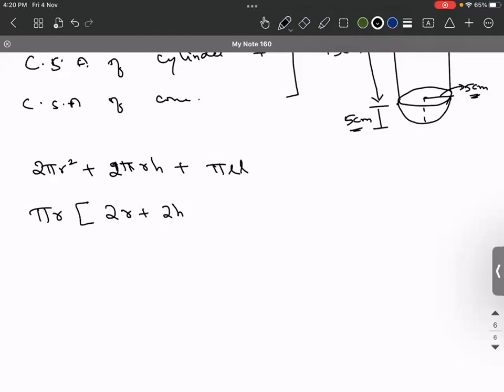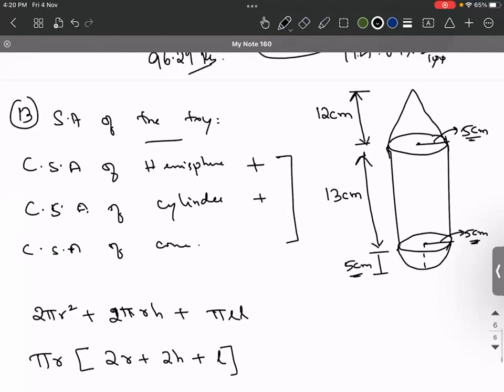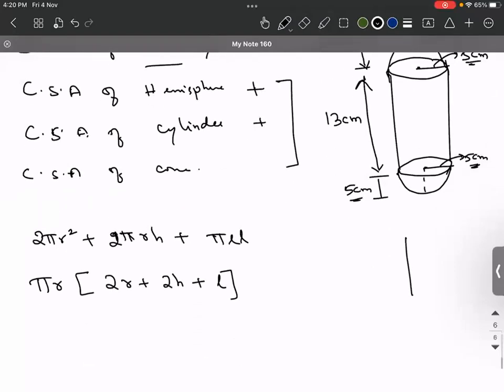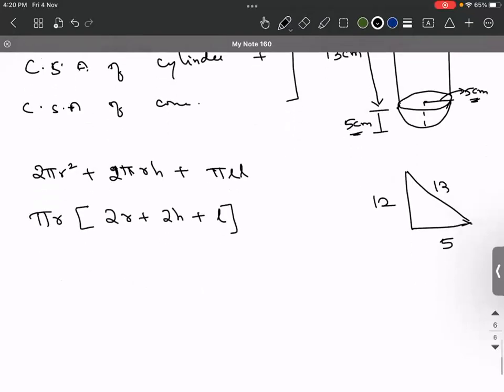It's simple, 13 is the answer, because 5, 12, and 13 are Pythagorean triplets. I hope everybody knows this, no? So having that in mind, 22 by 7 into what is the value of r? It is 5.